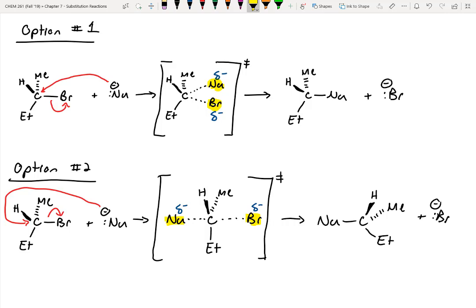Which one's going to be happier? The bottom one's going to be a heck of a lot happier. So we can say this is a bad interaction. It's destabilizing.